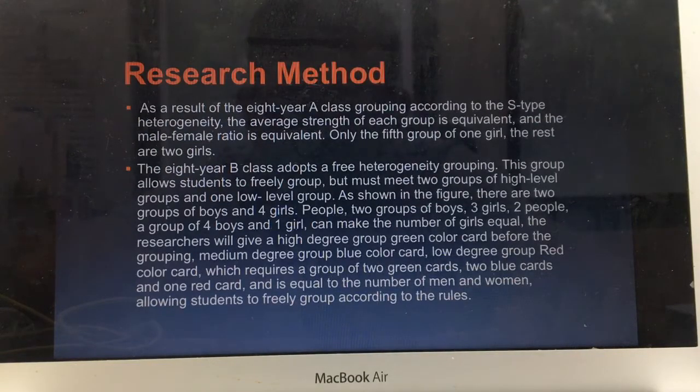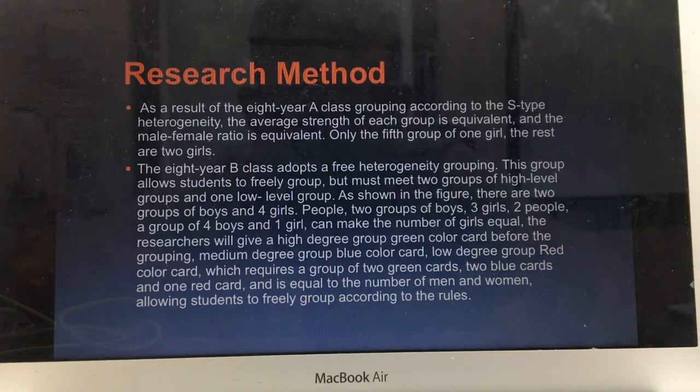So this is the class B, which adopts free heterogeneity grouping. This grouping allows students to freely group, but must meet 2 groups of high level and one low level group.